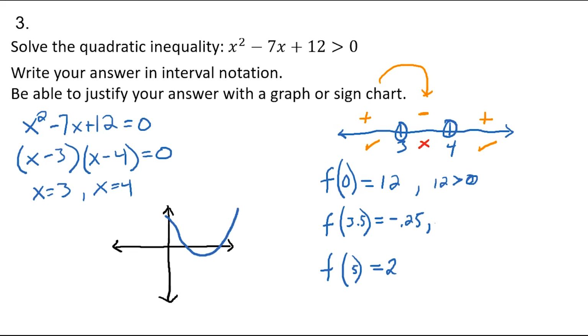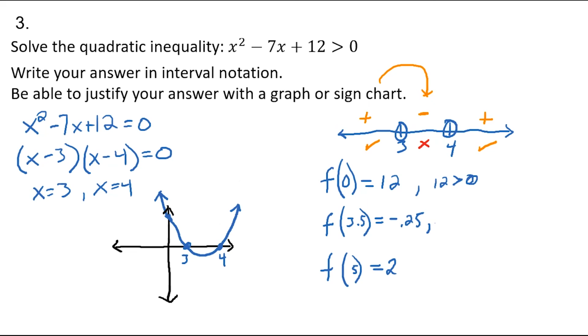This is a quadratic, so the result is a parabola. Let's take a look at these key points. Remember our critical values that we marked off at positive 3 and positive 4? That's where it crosses the x-axis. So this is 3 here and 4 here.